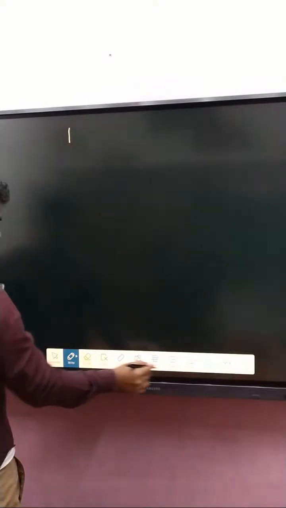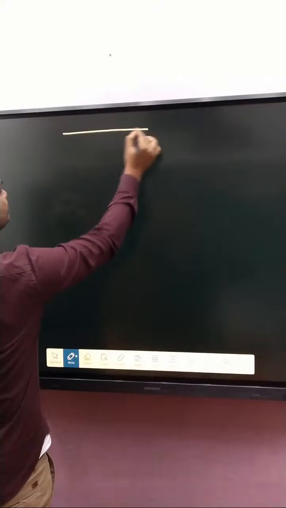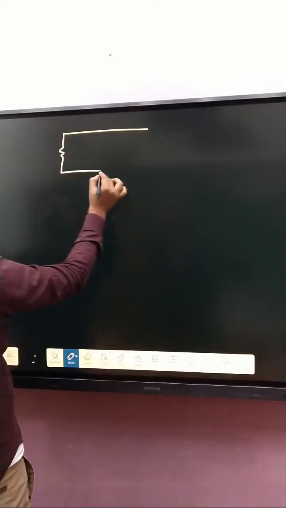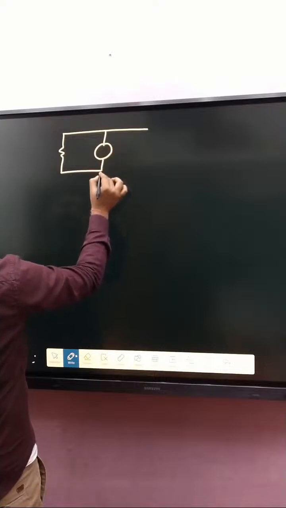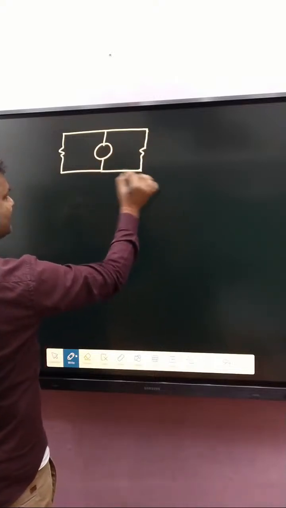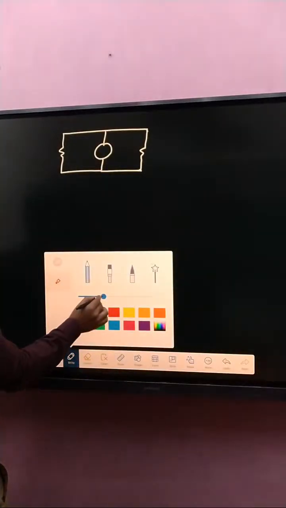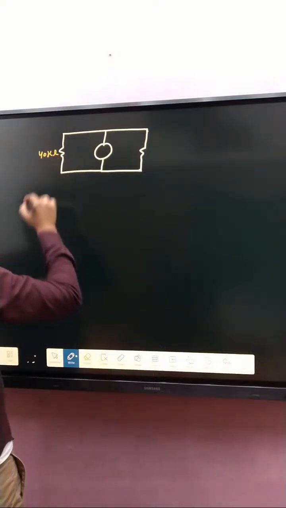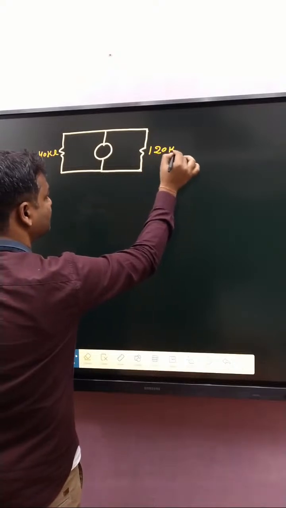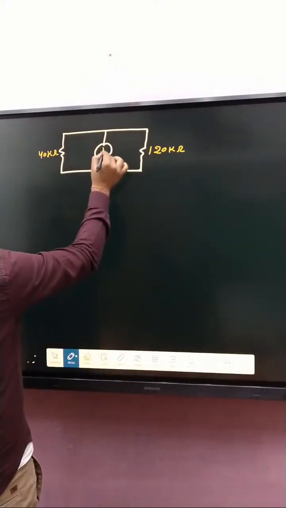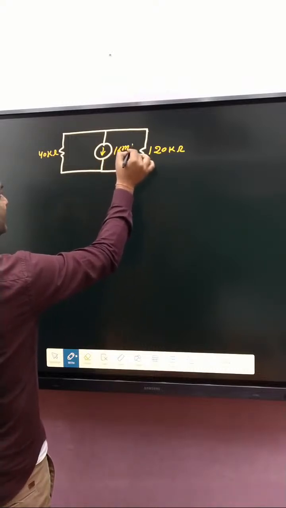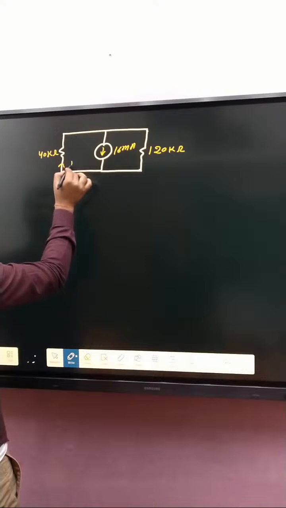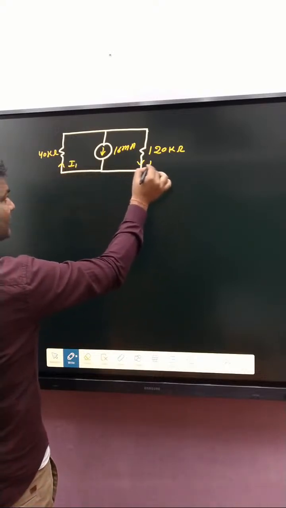Now, a current source is given like that, with two resistances in parallel. Here 40 kilo ohm, here 120 kilo ohm, here 16 milliampere. Our motto: determine I1 and I2.